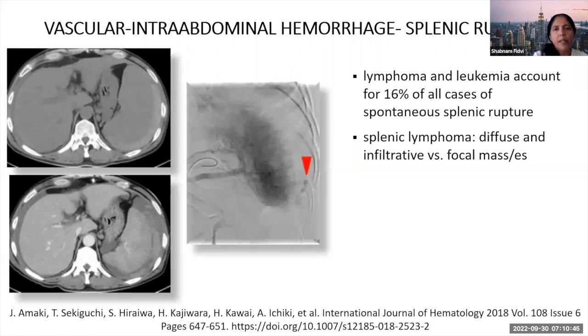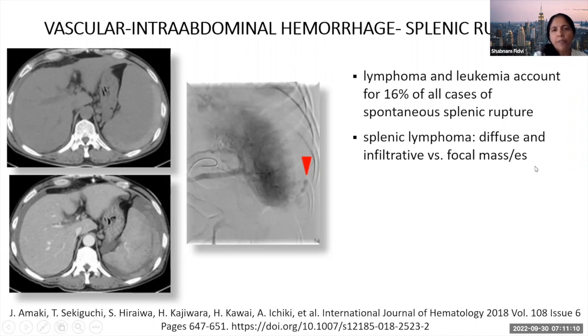This is an example of a splenic rupture from the literature. The axial non-contrast and contrast-enhanced images show a perisplenic hematoma, which is high in density in the non-contrast study. This patient was hemodynamically unstable and went on to angiography, which showed active contrast extravasation denoted by the red arrowhead.